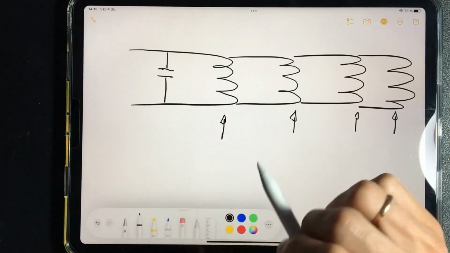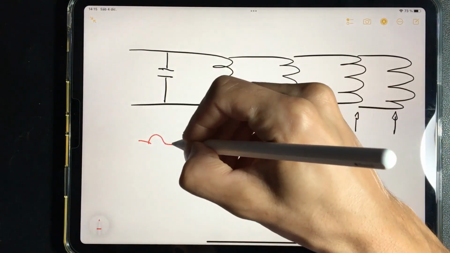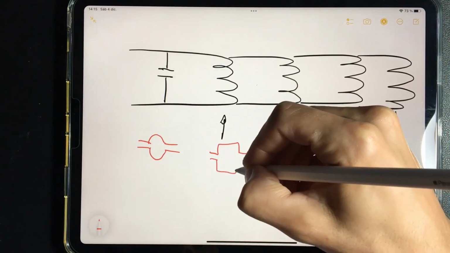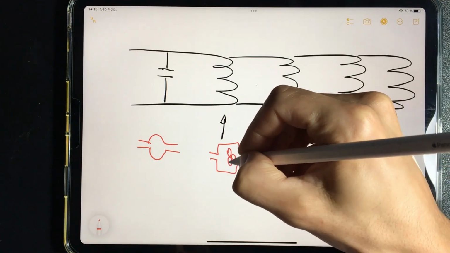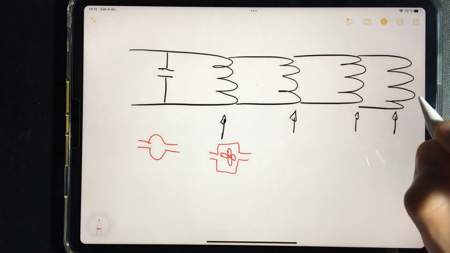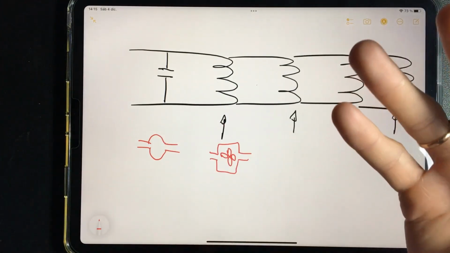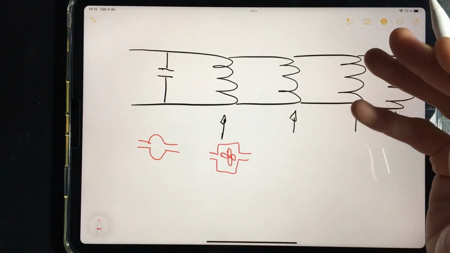You will remember that this represented, if we compare it with water, a cistern, and this could be compared to a centrifugal water pressure pump. Well, what problems can these components cause in electricity?